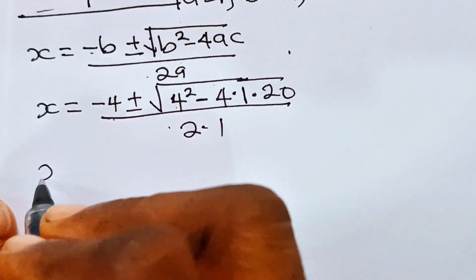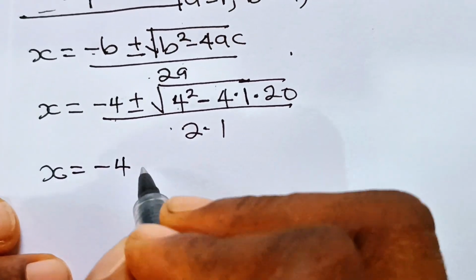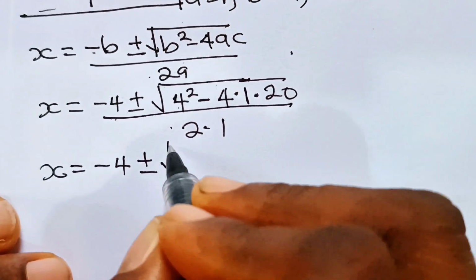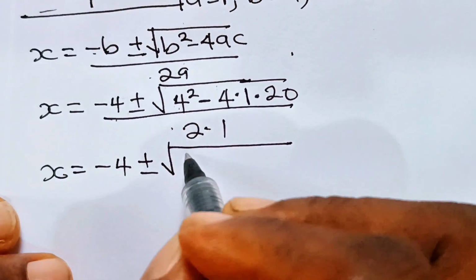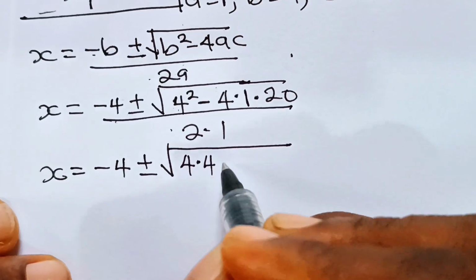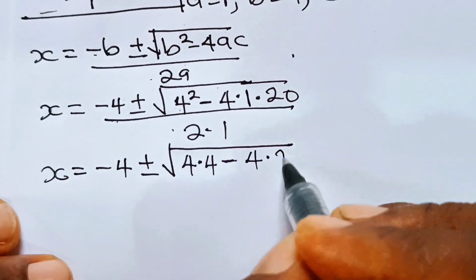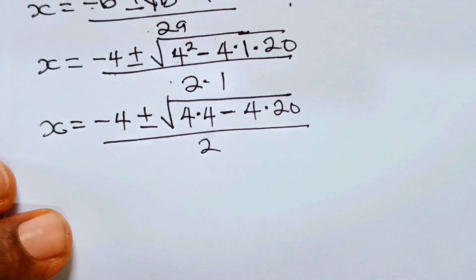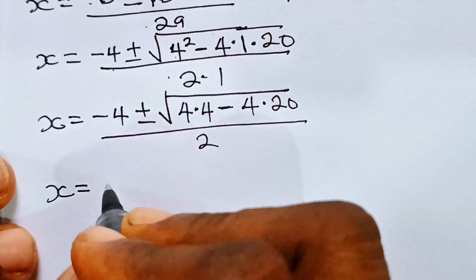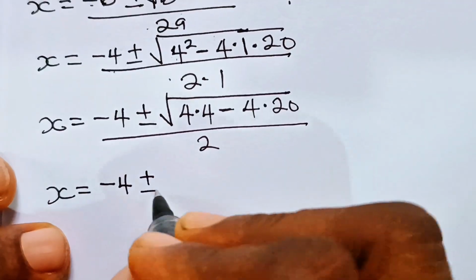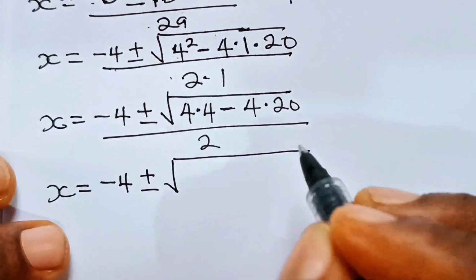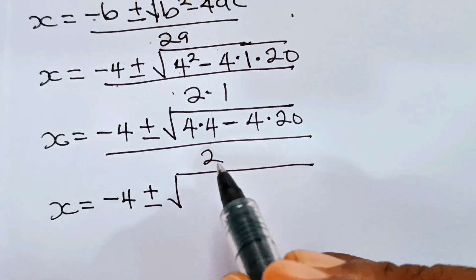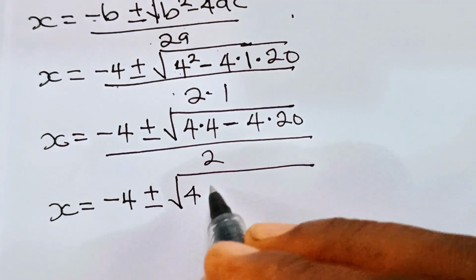So we have that x is equal to minus 4 plus or minus square root of, now 4 squared means 4 multiplied by 4, minus 4 multiplied by 20. Everything divided by 2. So we have x is minus 4 plus or minus the square root of, now let's factorize 4 out.